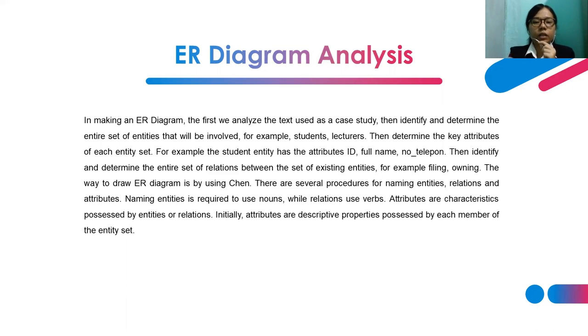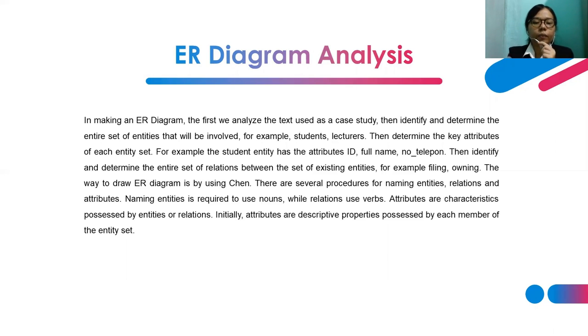And the next, I will explain about ER diagram analysis. In making an ER diagram, first we analyze the text used as a case study, then identify and determine the entire set of entities that will be involved, for example student, lecturer. Then determine the key attributes of each entity set.